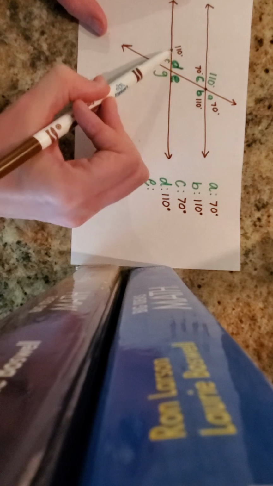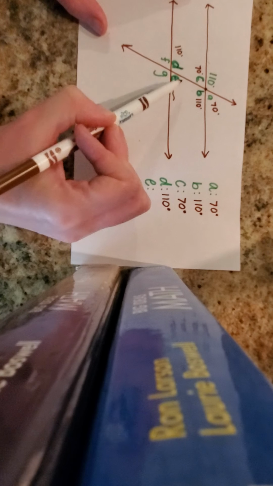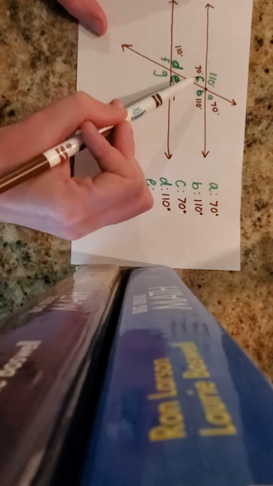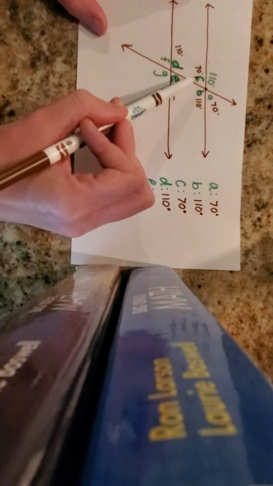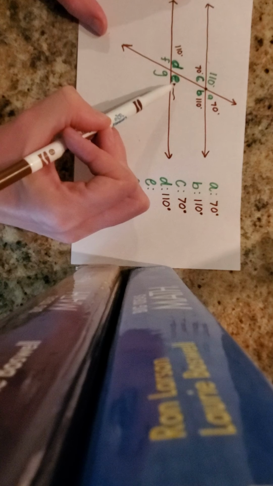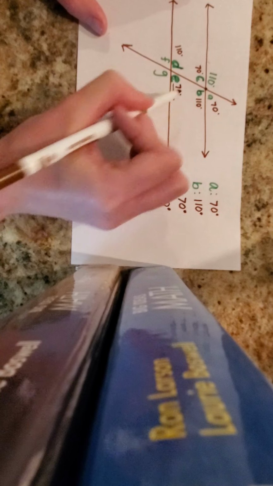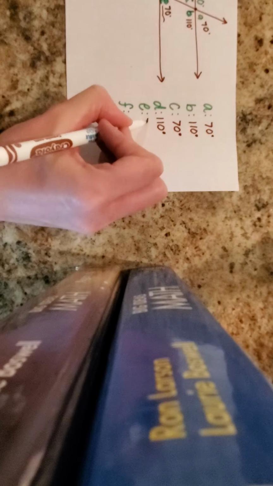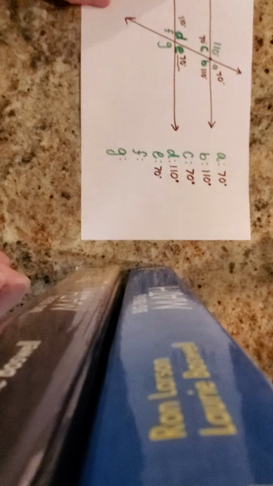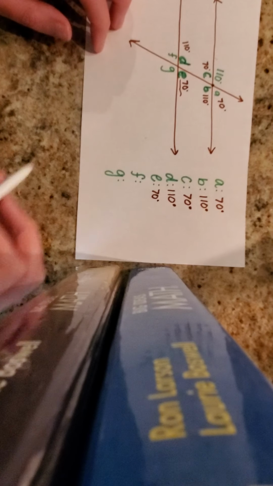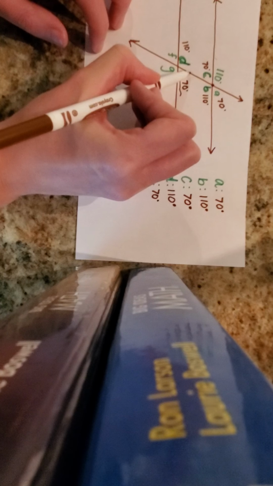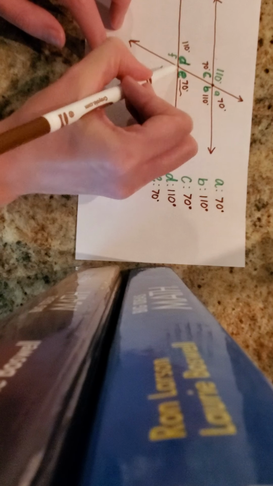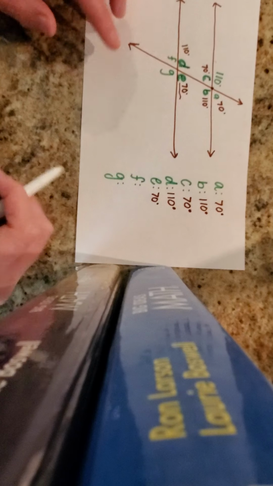They're both on the inside of the parallel lines, and they are on opposite sides of the transversal. So if C is 70 degrees, then E also has to be 70 degrees. So we can mark E is 70 degrees, which also makes sense because if D is 110 and E is 70, they form a straight line. So it all checks out, which is good.